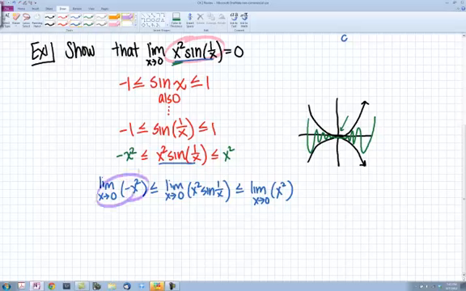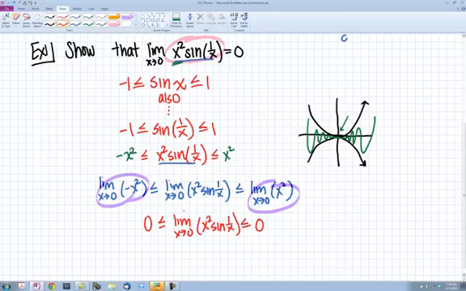What's the limit of the right-hand side of this? Also 0. So take a look and see what happens. This limit that we're trying to find has been squeezed or sandwiched in between two other ones that approach 0, so it must approach 0 as well. Okay? So that's the sandwich theorem.